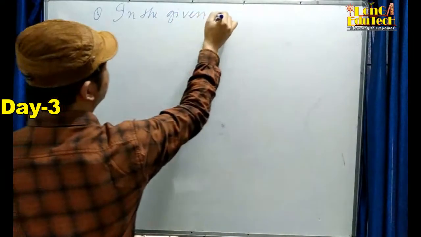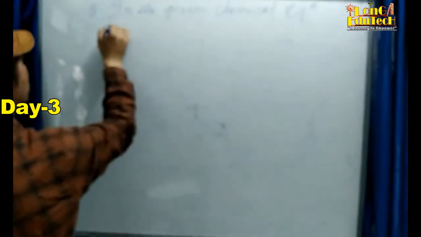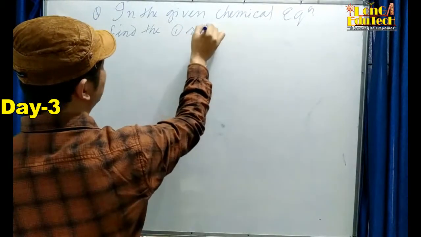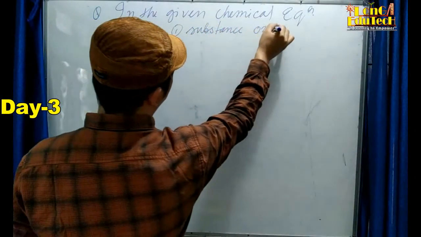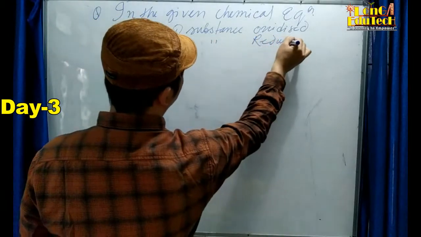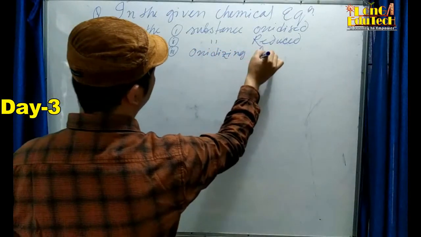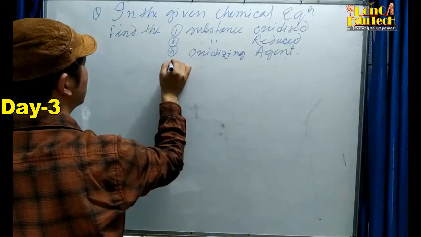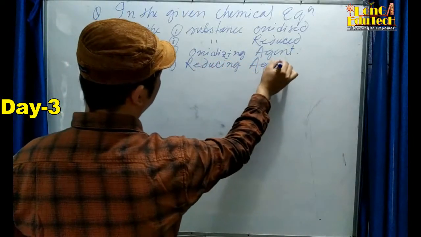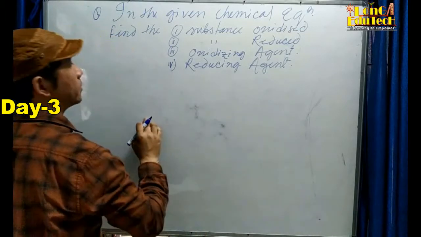In the given chemical equation, find the: number 1, substance oxidized; number 2, substance reduced; number 3, oxidizing agent; number 4, reducing agent.